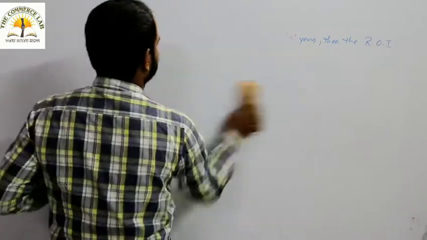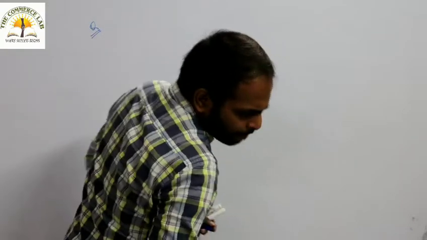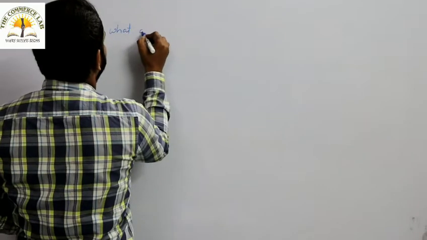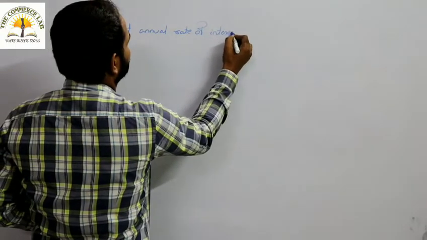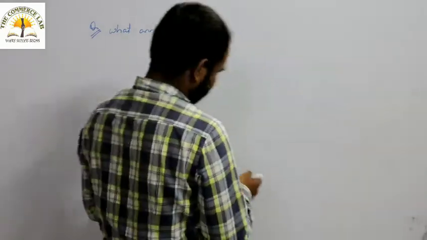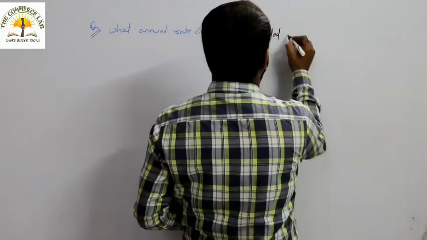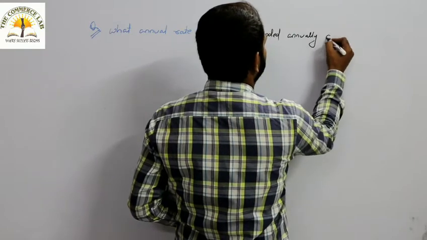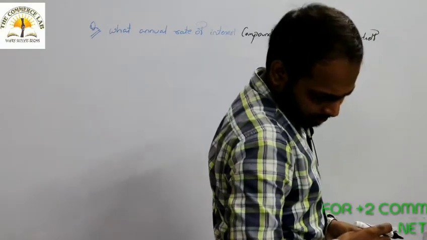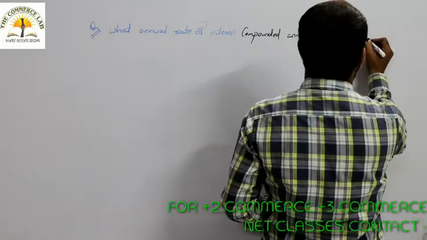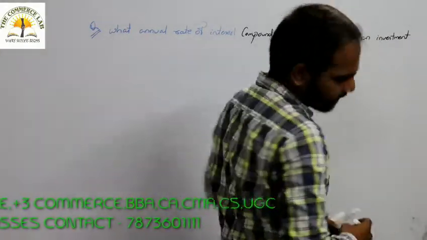So write down the question. What annual rate of interest, compounded annually, doubles an investment in 7 years?